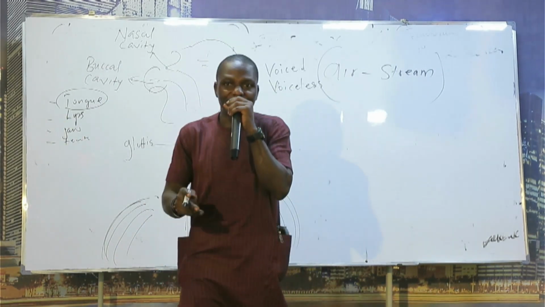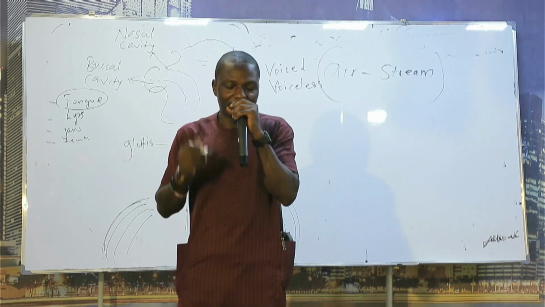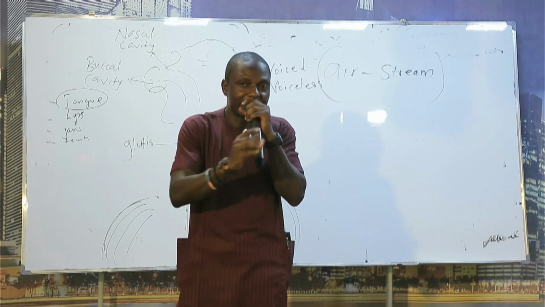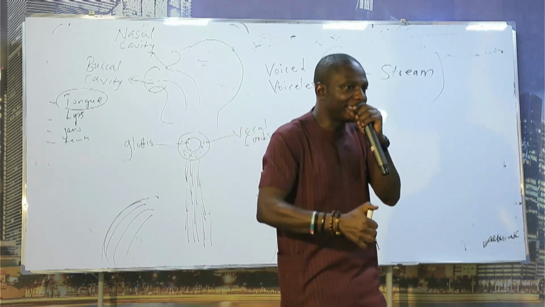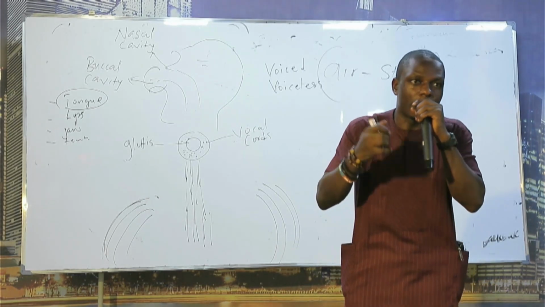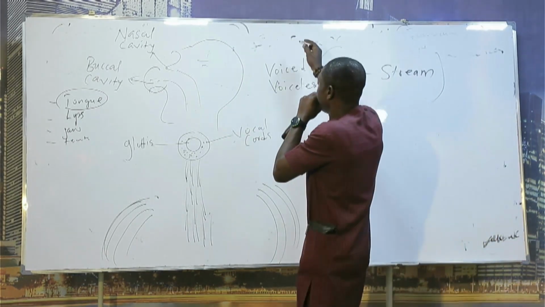That is why you have a diphthong sound. A diphthong sound is just a gliding movement of the tongue. Any movement that your tongue makes, whether up and down or rounded, is called a glide.